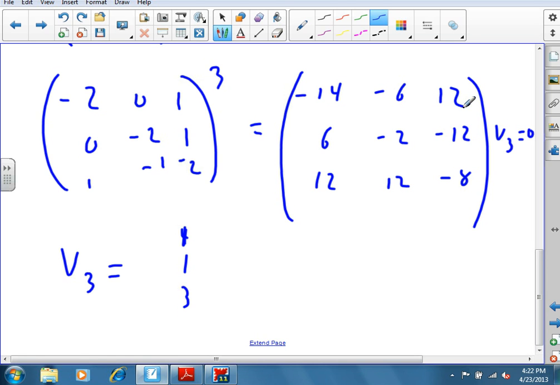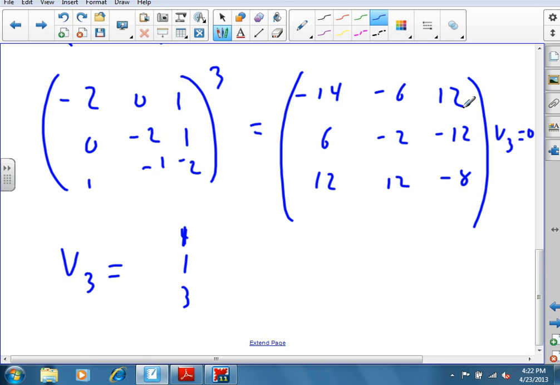Now, 14 and 6 is minus 20. 0, 0, 0? That's a trivial solution. I would never pick it. 0, 0, 0 does work.